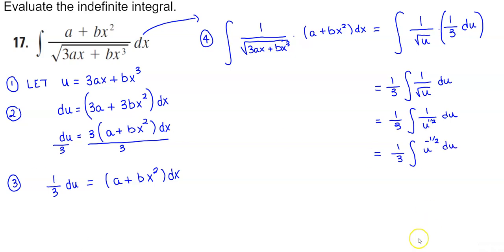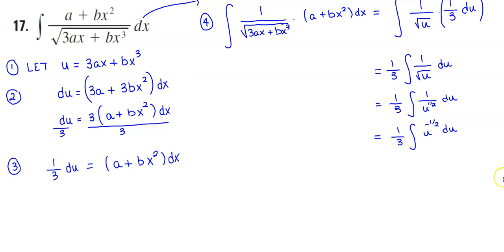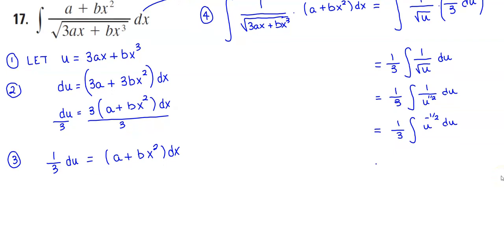And now we can take the antiderivative of u to the negative 1/2. So we end up getting 1/3 times u to the negative 1/2 plus 1. Now remember, the 1 can be anything. In this case, it's going to be 2 over 2, so over negative 1/2 plus 2 over 2, and then plus the constant c.